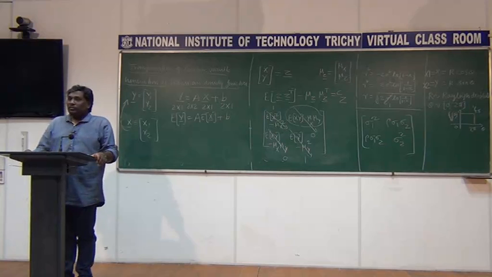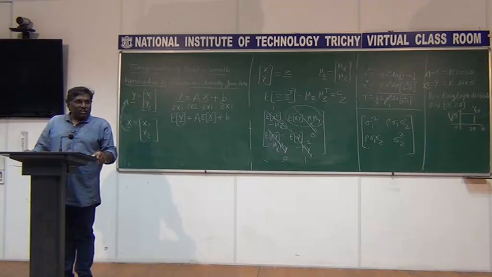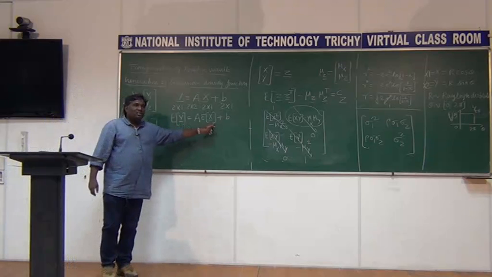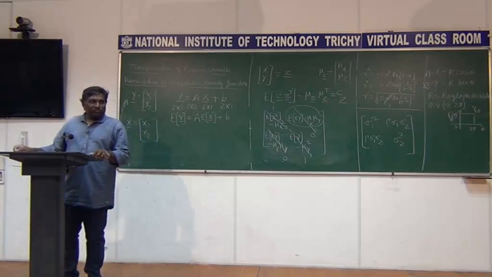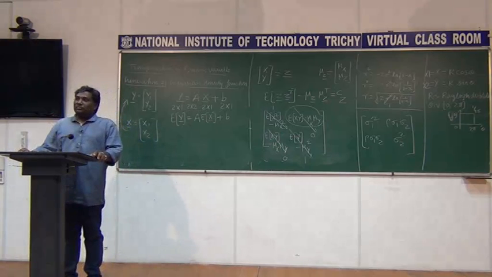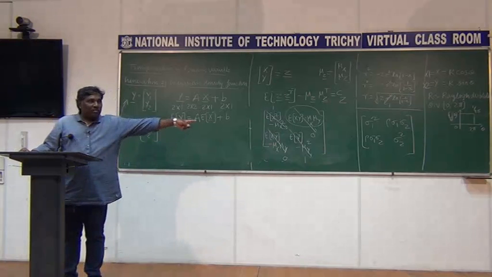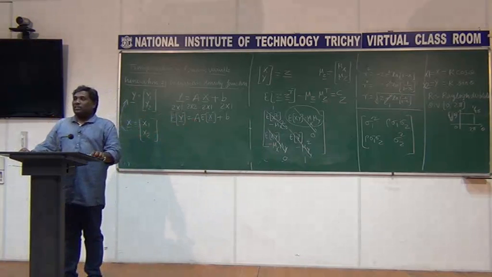Interestingly, whatever matrix you choose for A, it is not going to affect the mean, because the mean of x is 0. Whatever value you choose for A, it is not going to affect it, isn't it? But I already told you, not only the mean, we need the required covariance matrix, that is Cy.